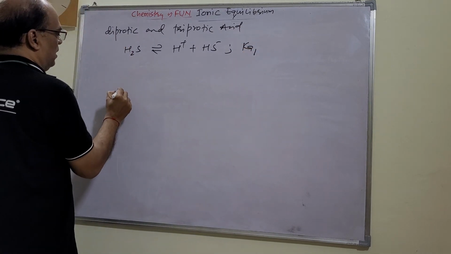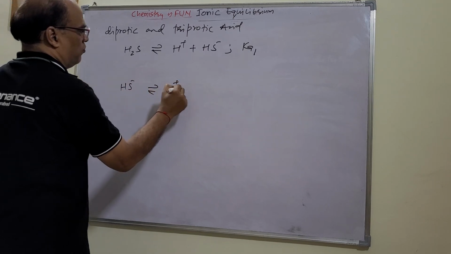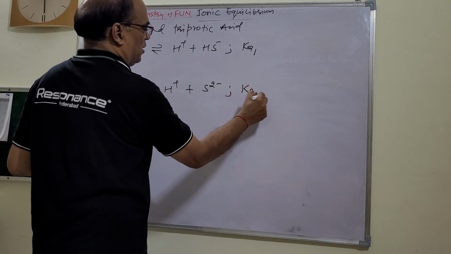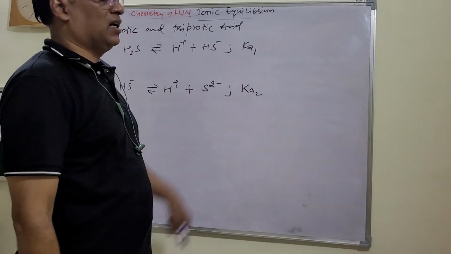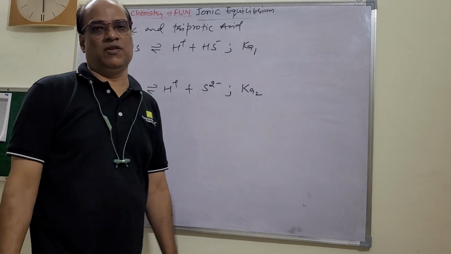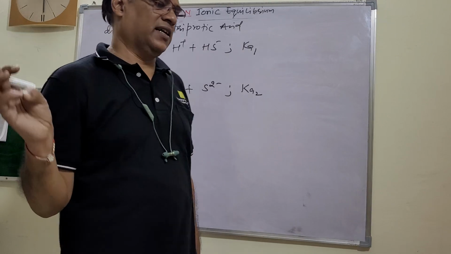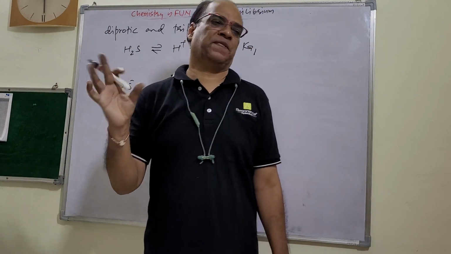The second step will be like this: HS minus changes to H plus plus S2 minus. The constant will be Ka2, the second ionization constant. Similarly, if we have a triprotic acid, then there will be three ionization constants: first Ka1, second Ka2, third Ka3. Got it?